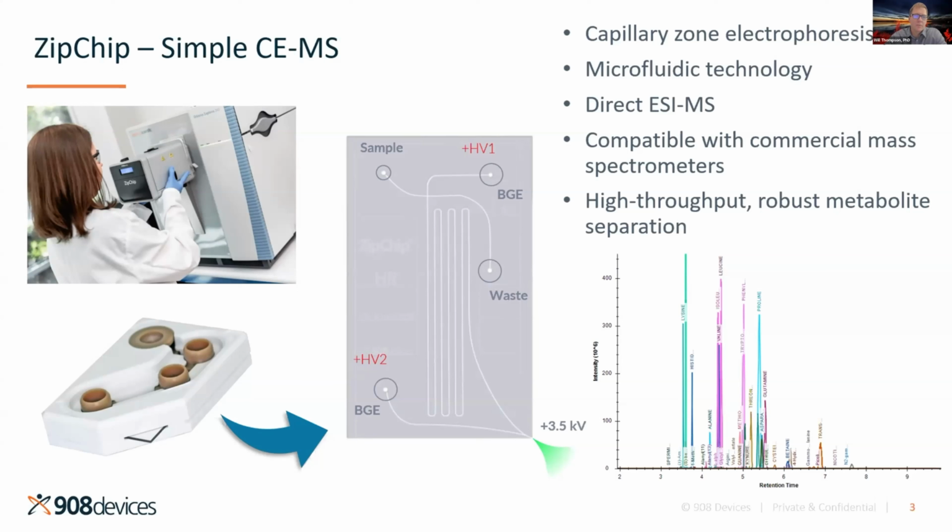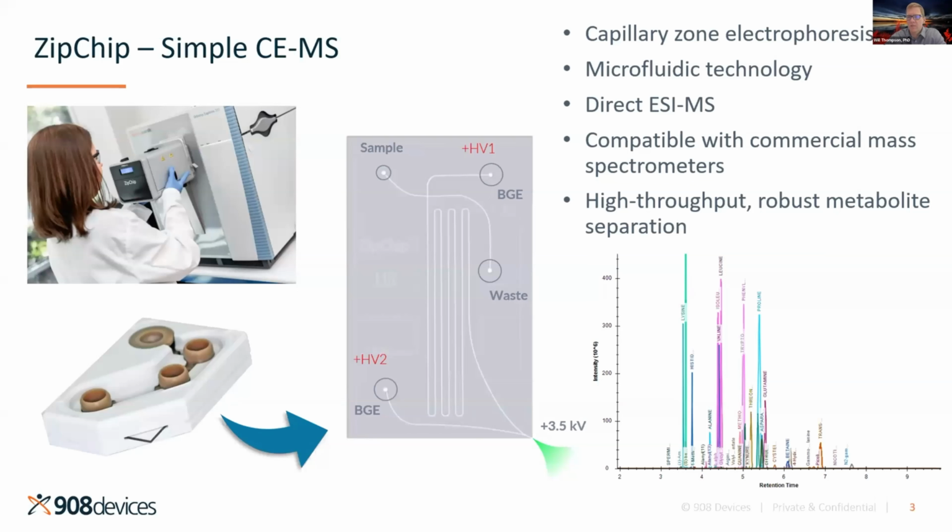Inside the box, which contains all the electronics, power supplies, and fluidics needed to run the system, there's a little chip, and this glass microchip slide has an incorporated separation channel. CE drives the separation based on a voltage gradient, and then we electrospray directly off the corner.